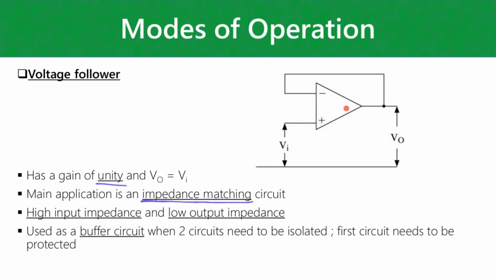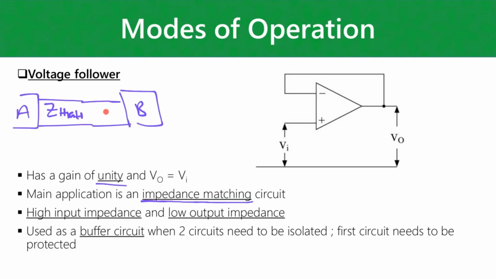Let's say your first amplification stage, amplifier A, has a high output impedance, and we connect it to amplifier B with a low input impedance.